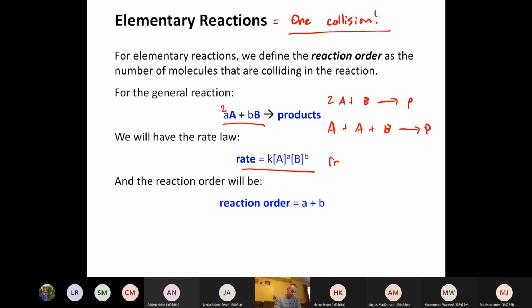So the rate is equal to K times A times A times B, which equals K times A squared B. And this is always true if it's an elementary reaction.